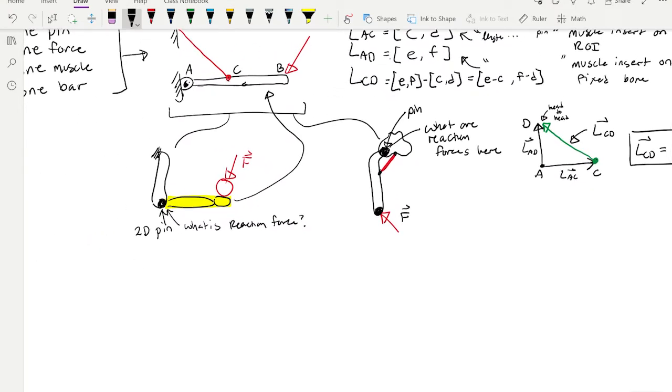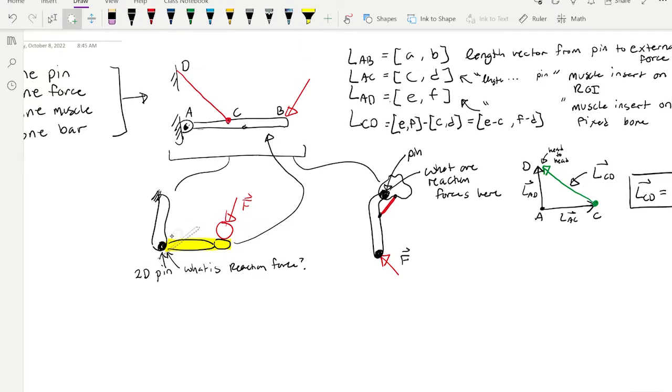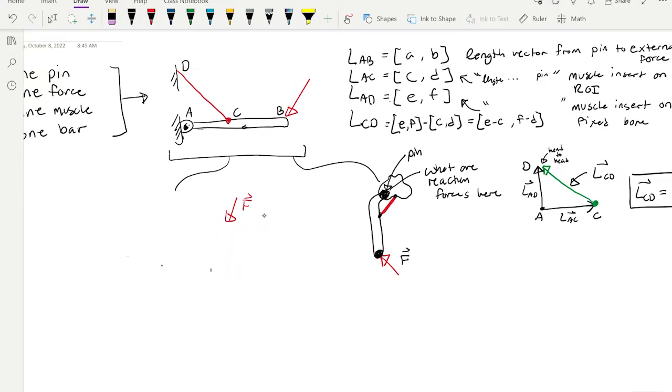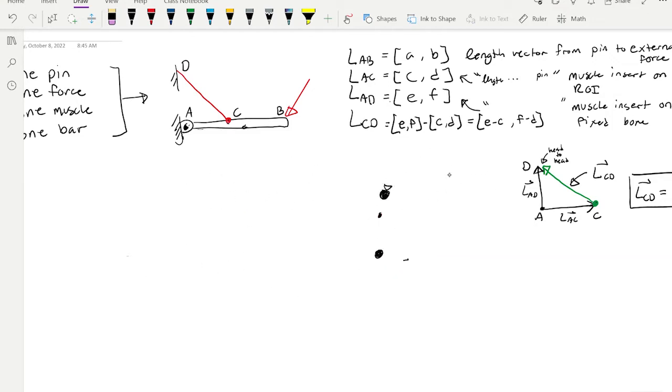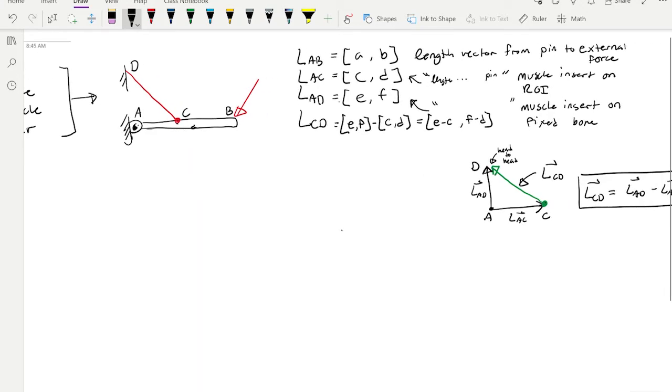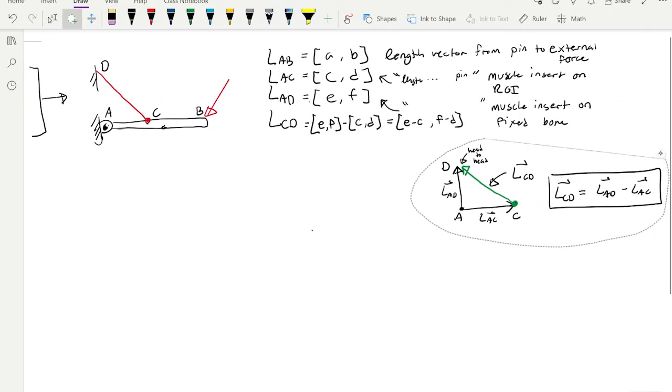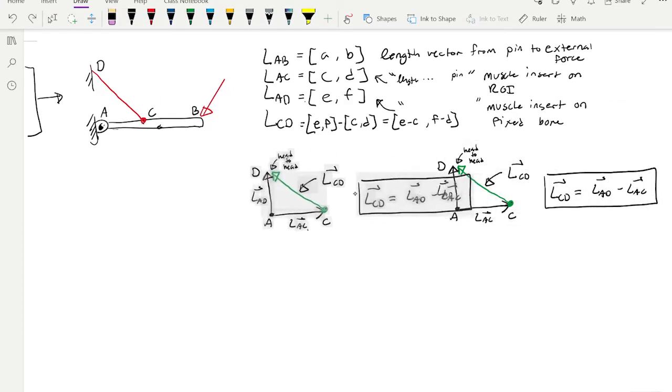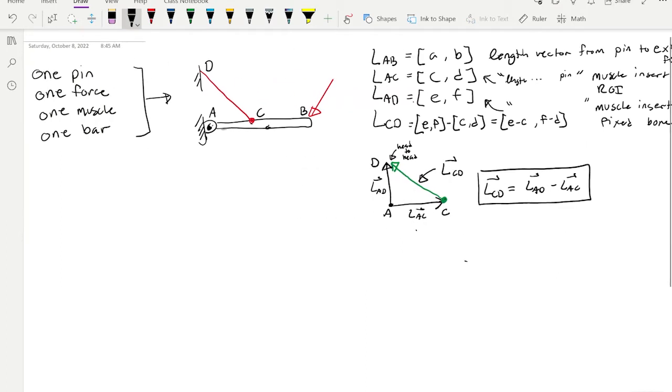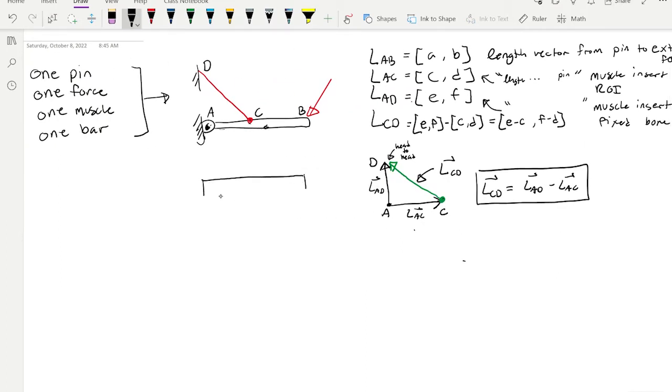So let's make this a little clearer and just clean this whole thing up a little bit. Okay, so the free body diagram of this bar is just going to be some reaction force, some tension force, and some external force.